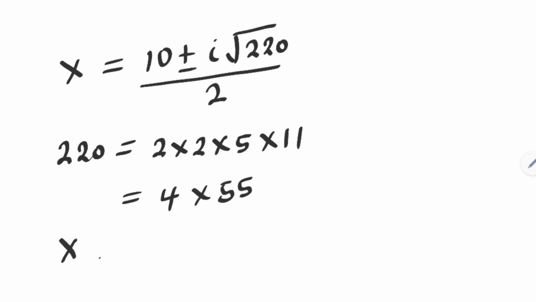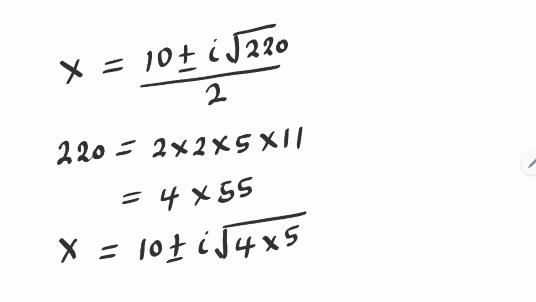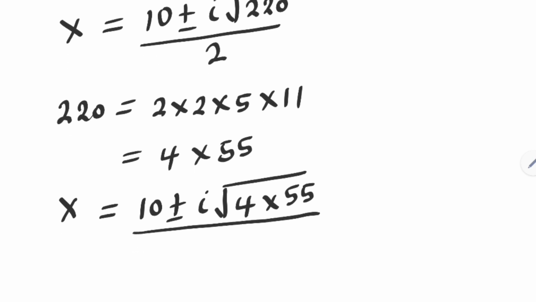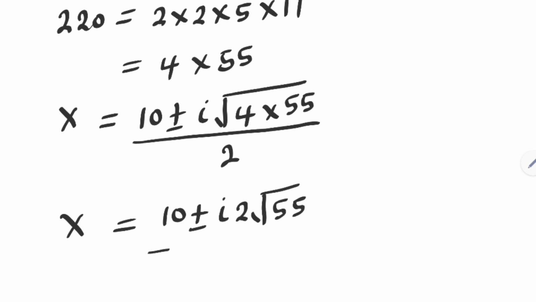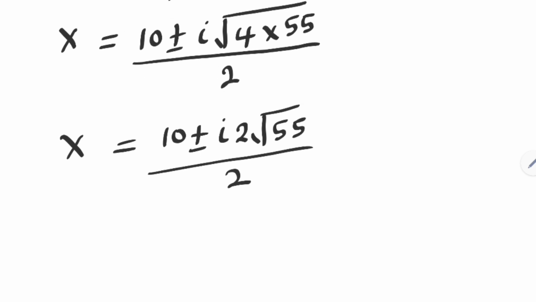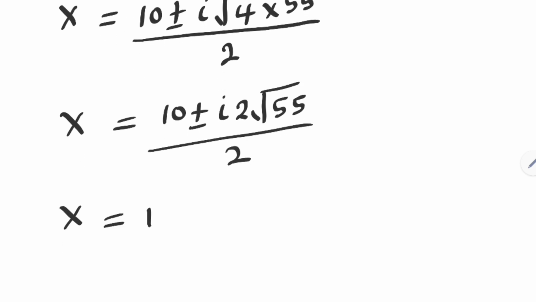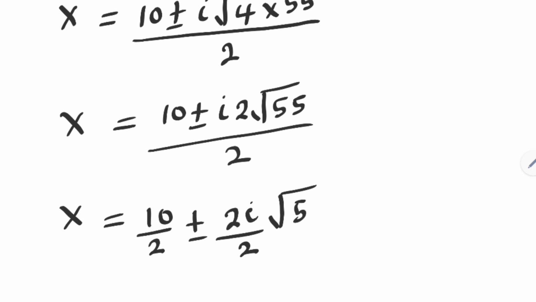Then x is equal to 10 plus or minus i square root of 4 multiplied by 55 divided by 2. x is equal to 10 plus or minus i square root of 4 is 2, then root 55 divided by 2. x is equal to 10 divided by 2 plus or minus 2i divided by 2 square root of 55.